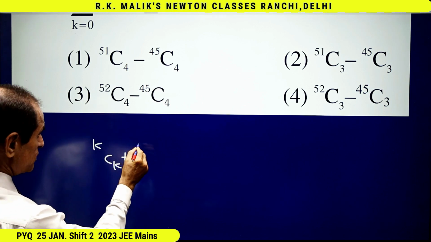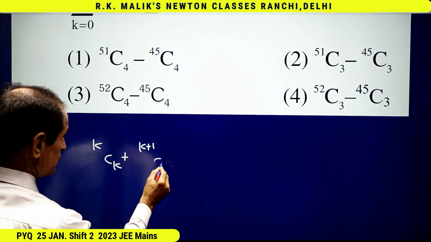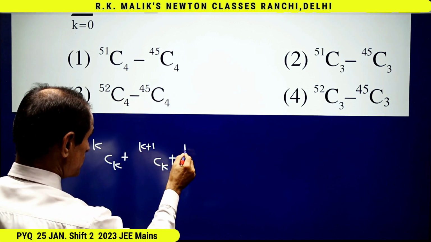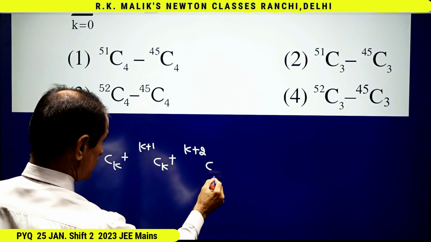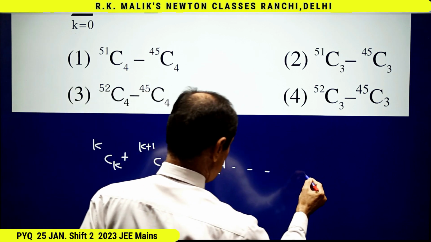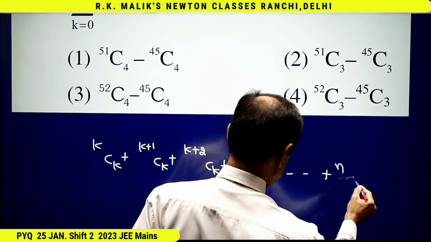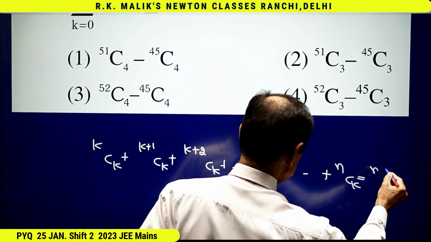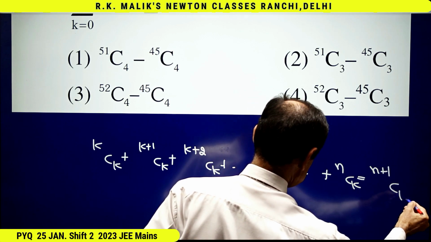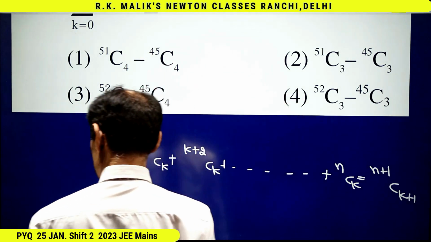kCk plus (k+1)Ck plus (k+2)Ck and so on up to nCk is (n+1)C(k+1).